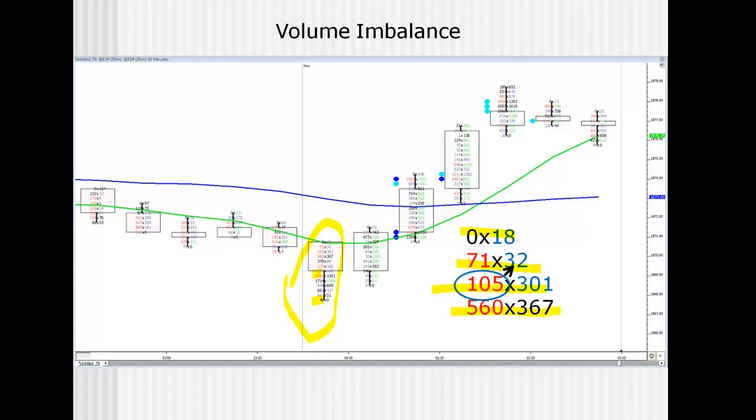What we're doing to determine the imbalance is comparing 71 and 18, this level. We're comparing 105 to 32, and we're comparing 560 to 301, and so on for every other price level in this bar. So if we go all the way to the bottom, it says 48, and the price above that I would compare the 48 to would be 51.